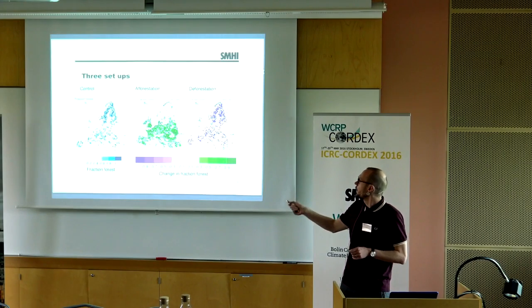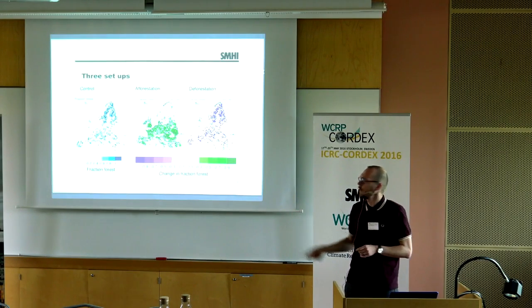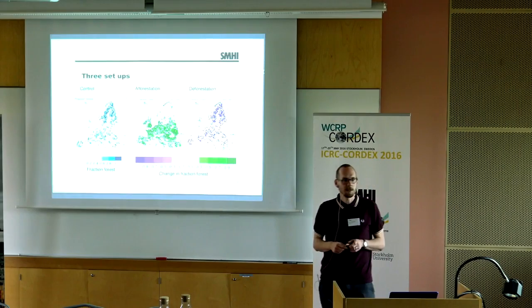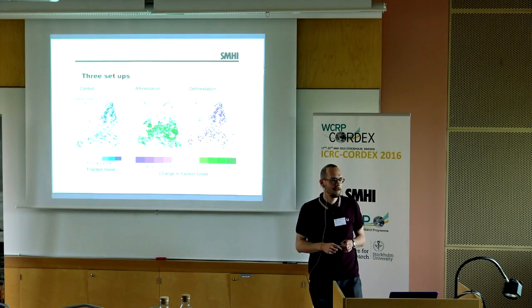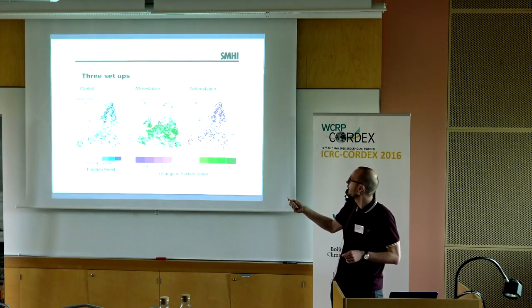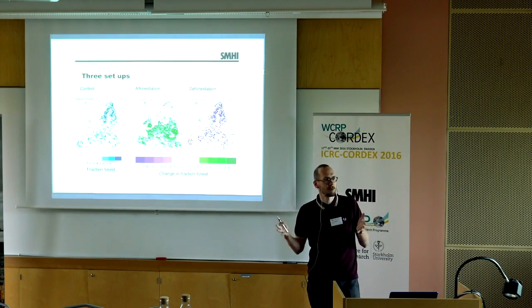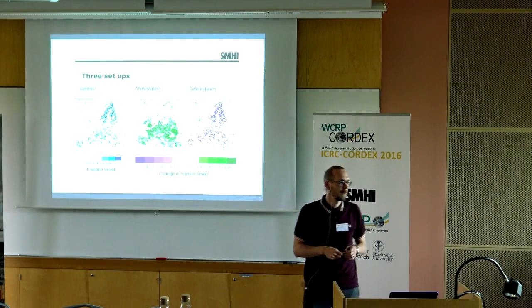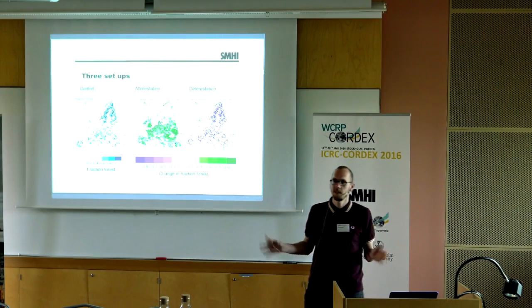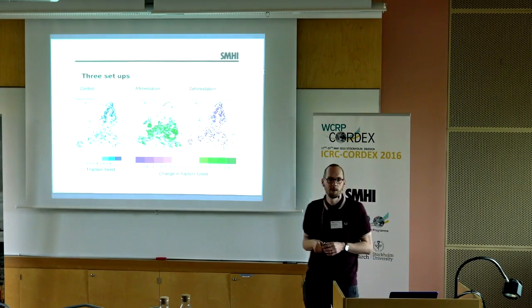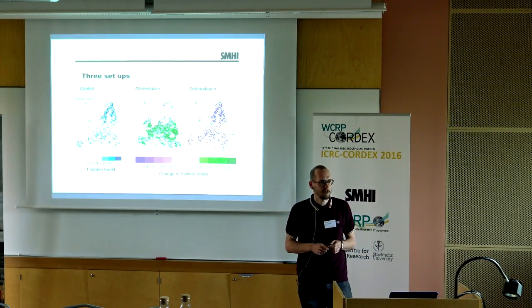Then there are these two afforestation and deforestation simulations, and they are highly idealized. In the afforestation simulation, I use potential vegetation, and that means that the vegetation is allowed to grow freely without any human intervention.